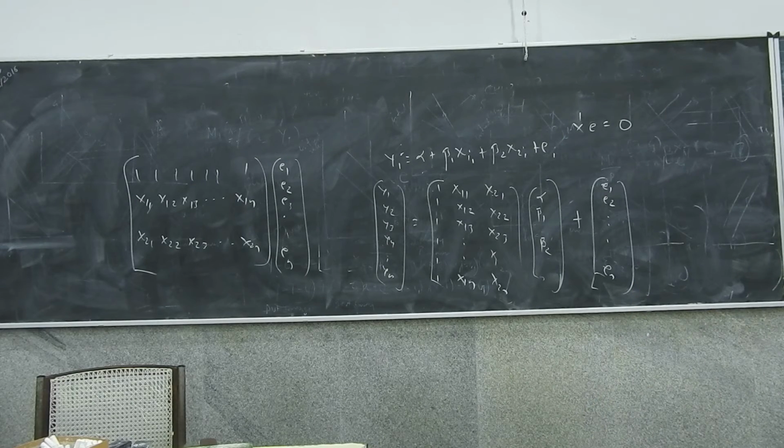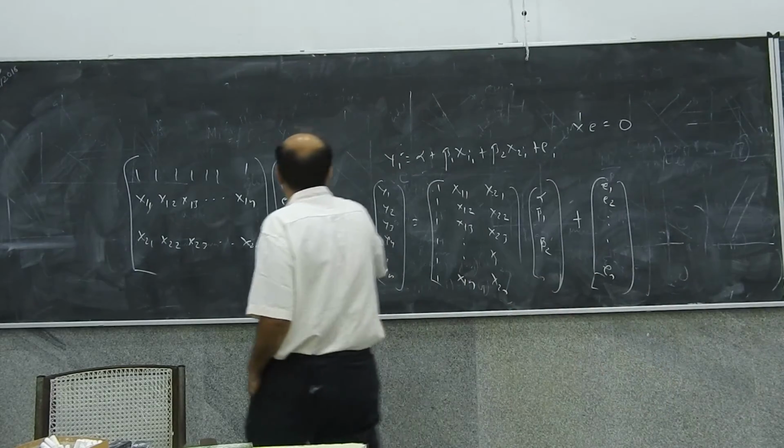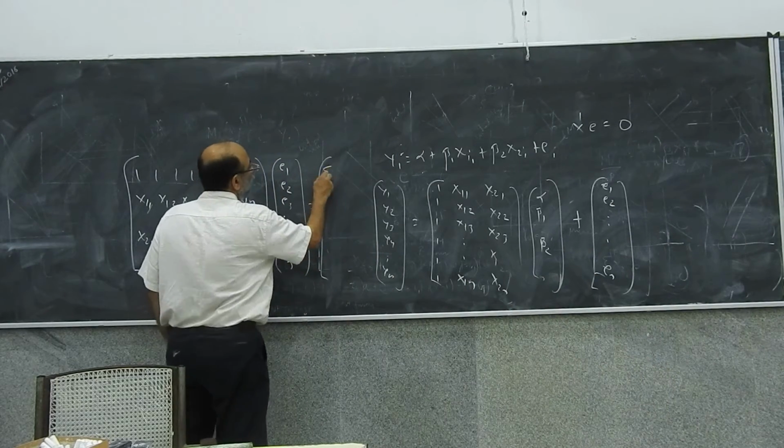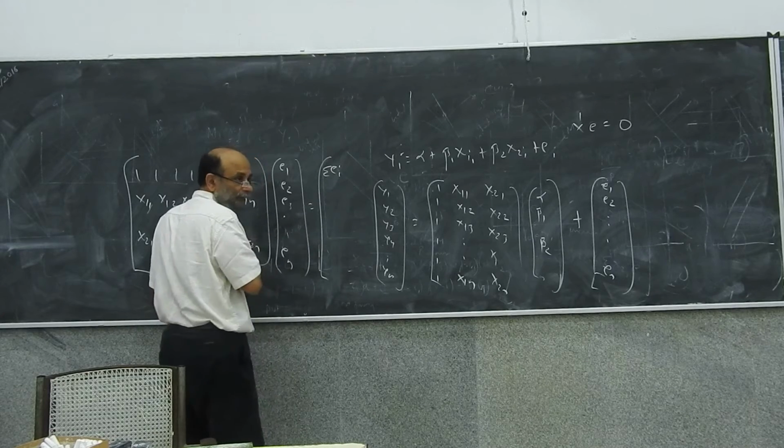What will be the first row? Summation ei is equal to 0. Then summation x1i ei is equal to 0. The third condition will be summation x2i ei equal to 0.